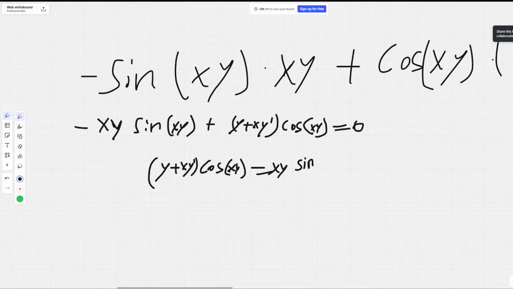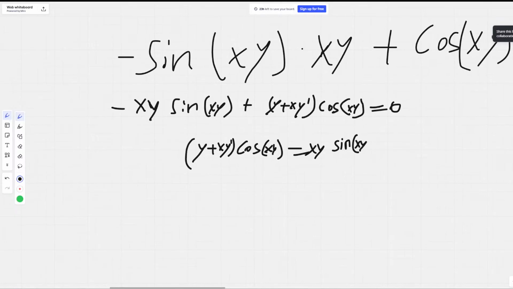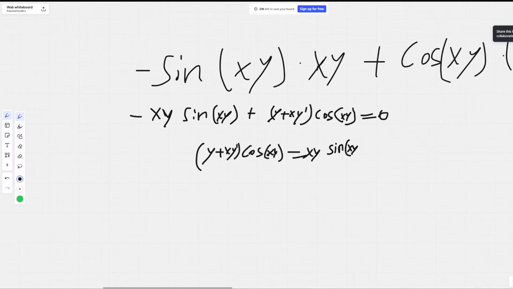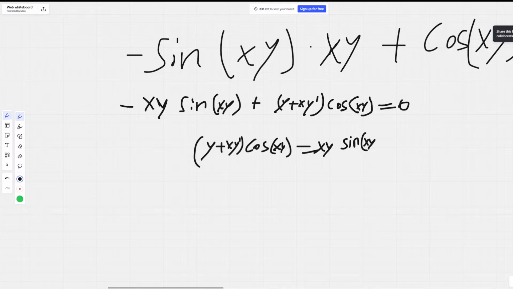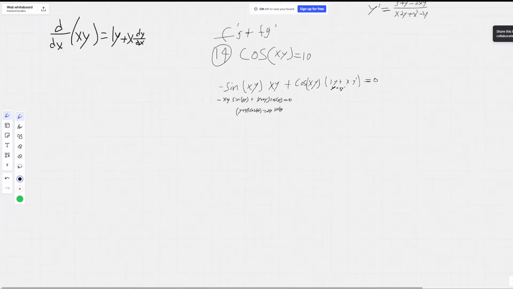Very good one. Yeah, xy. Then this will be, is this really how it went? Wait a second.